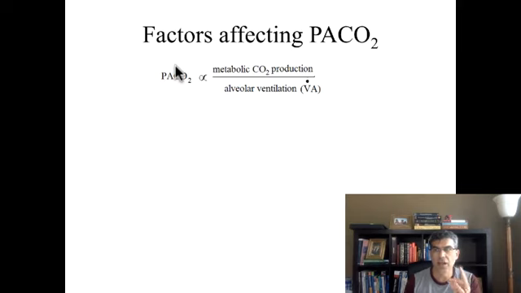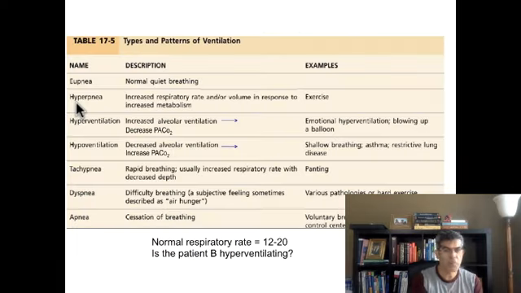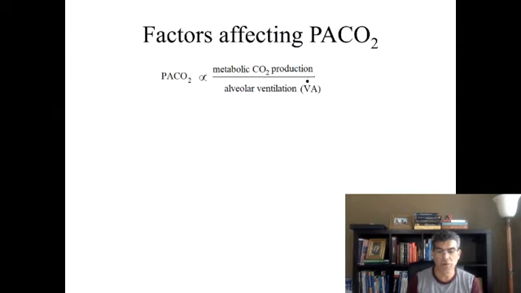If you are running on a treadmill and you're breathing fast and deep, are you hyperventilating? Think about it. The answer is no. Why not? You are hyperpneic. You're breathing fast and deep, but you're not hyperventilating. Because, as you can see in this formula, yes, your ventilation is higher on the treadmill, but you're also producing more CO2.